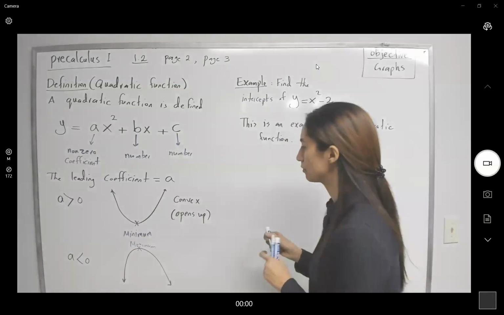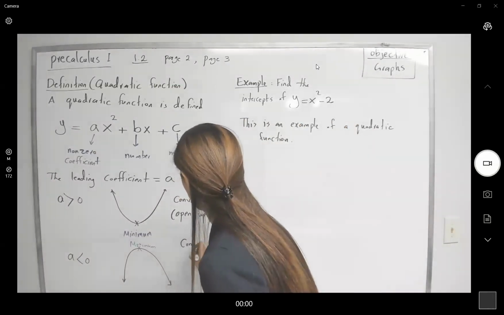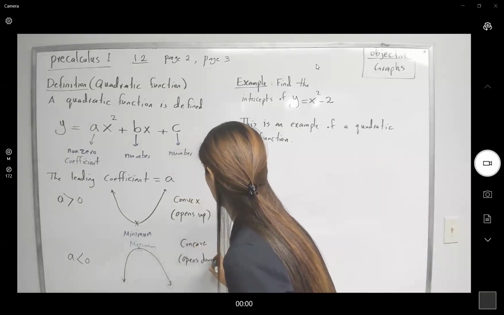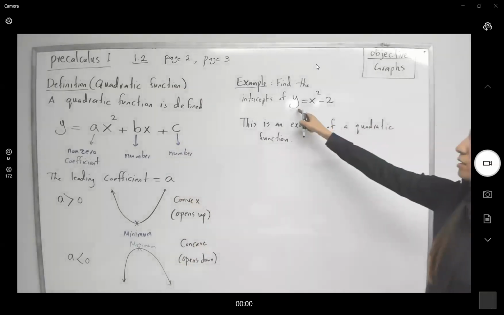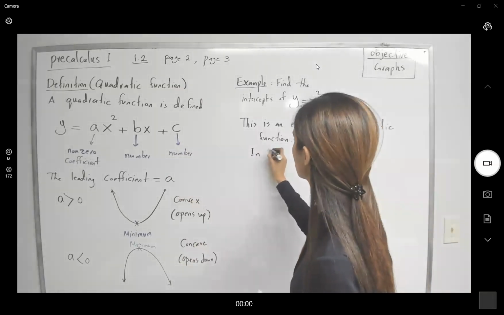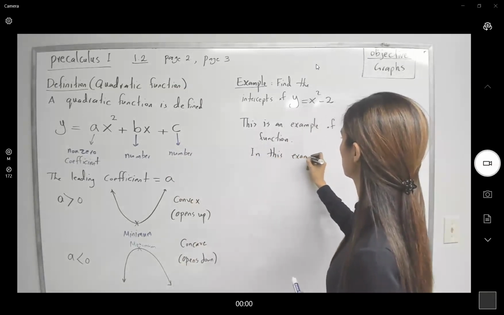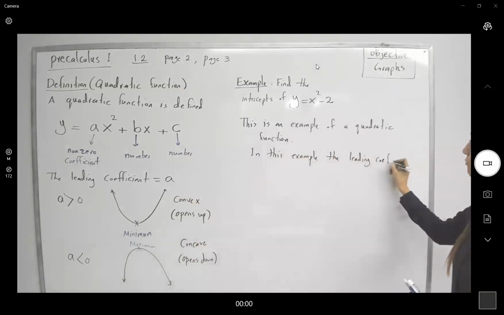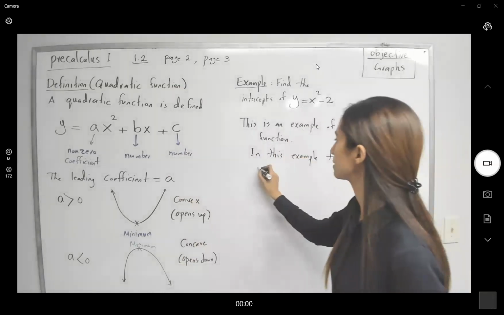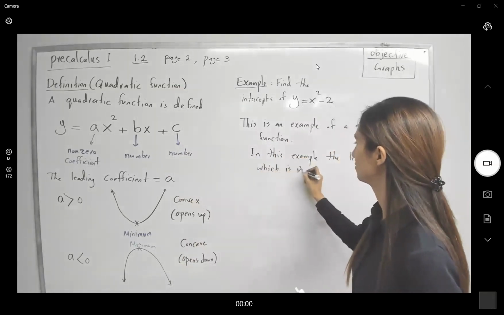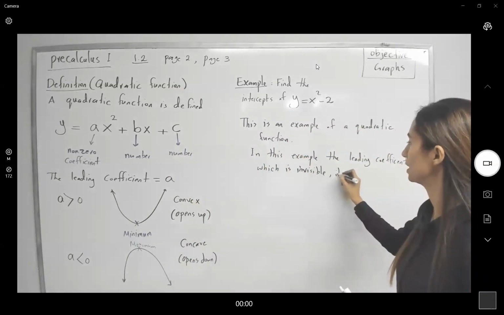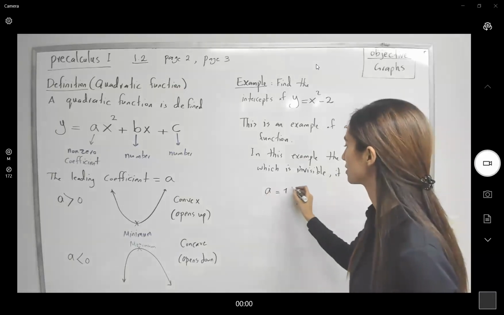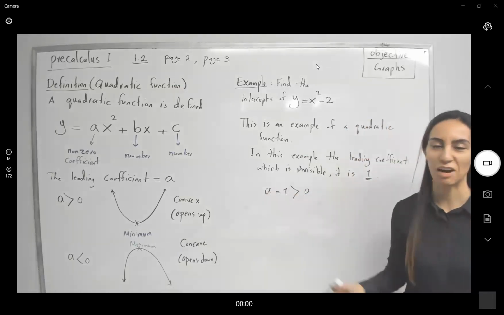So this is concave or opens down. As you can see, here the leading coefficient, which is invisible, is 1. So a is positive, and as we saw, this graph opens up.